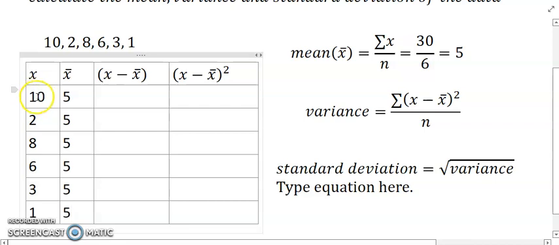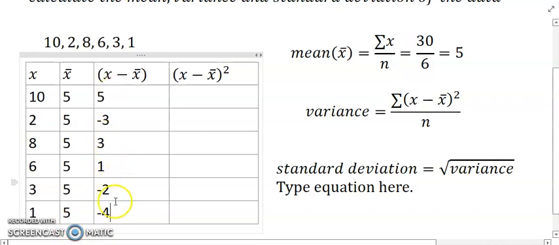We say 10 minus 5, which gives 5. 2 minus 5, we get negative 3. 8 minus 5 gives positive 3. 6 minus 5, we get 1. 3 minus 5 gives negative 2. 1 minus 5 gives negative 4.